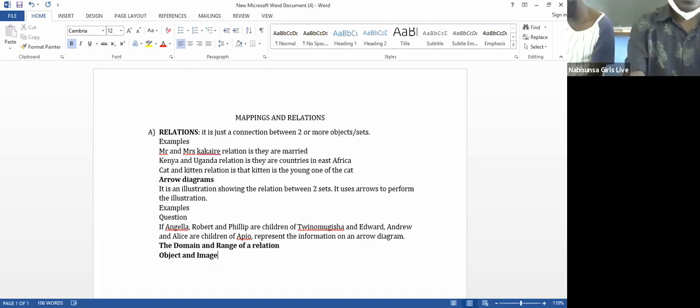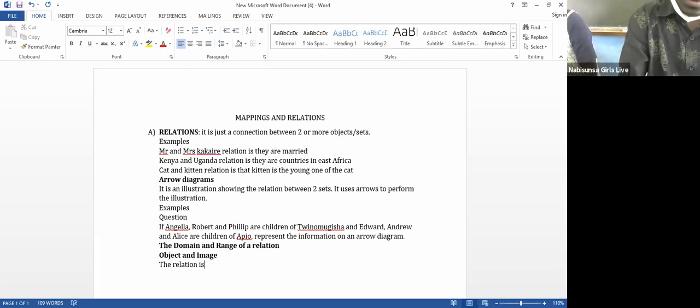Okay, so let me come down here and we try to have an illustration. The relation is, let me put it in columns, sorry. The relation is add 3. Just let me take a simple one.